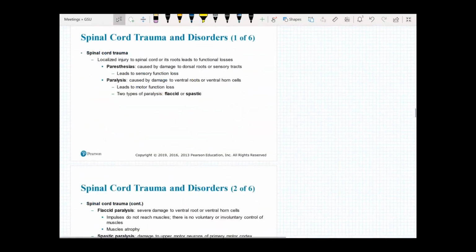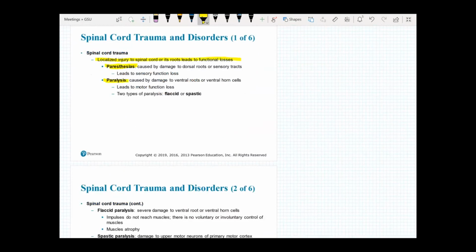What can go wrong with these spinal cord disorders? There's a couple big ones. We're going to talk about three main ones. When things go wrong with our spinal column, which is traveling information up and down, that can lead to localized injury to the spinal cord, and can lead to paralysis, which is going to be the main one, or paresthesias.